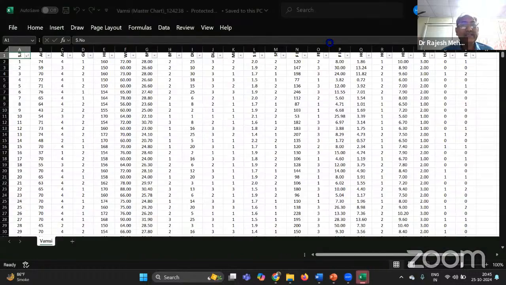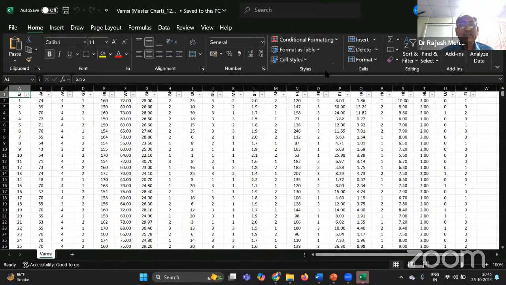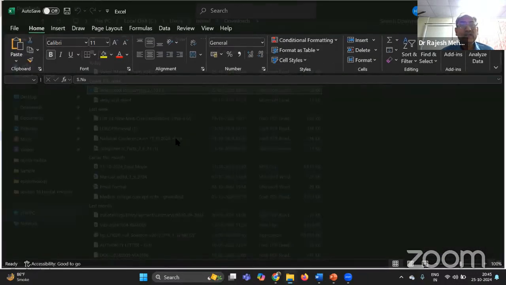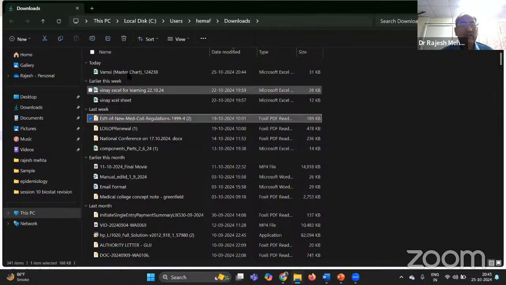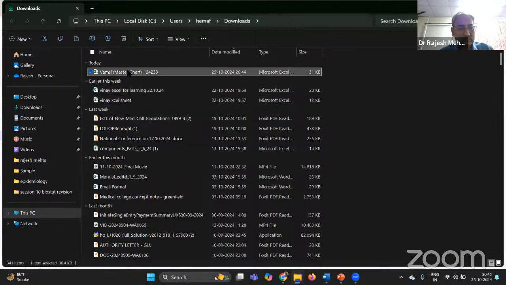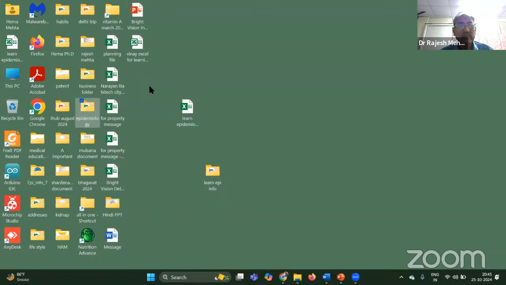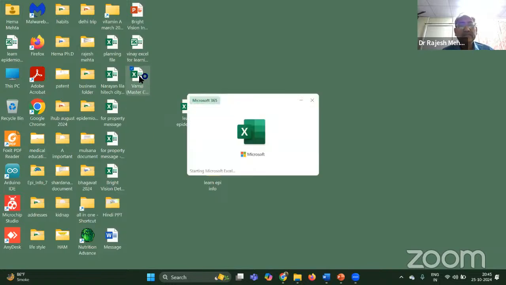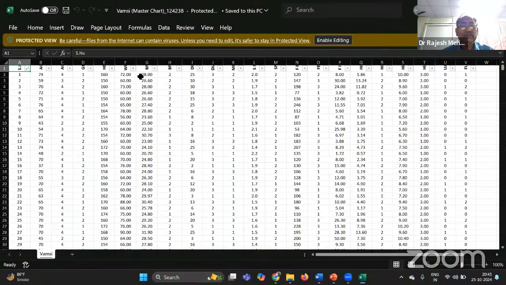Now, before we do the analysis, we'll copy that file, so we're not making changes in the original file. Now, enable editing.